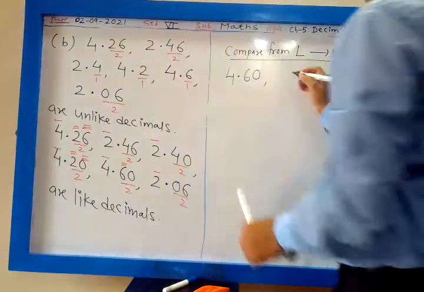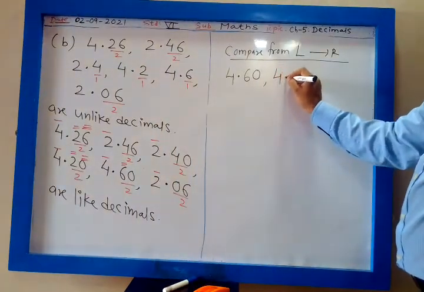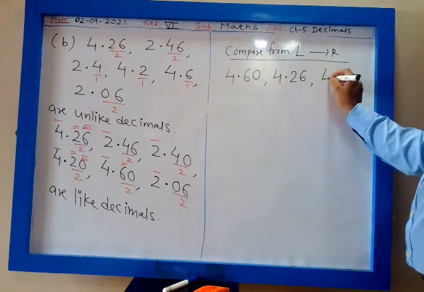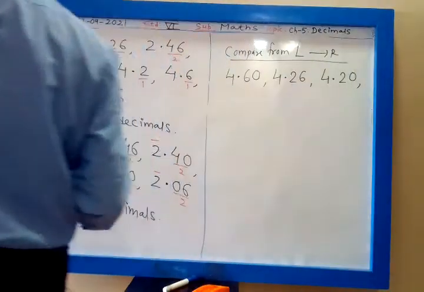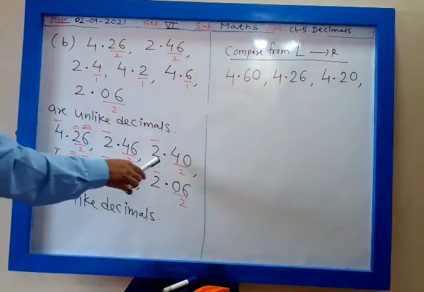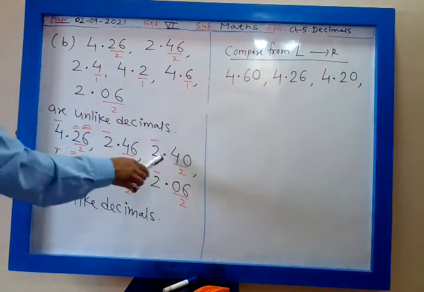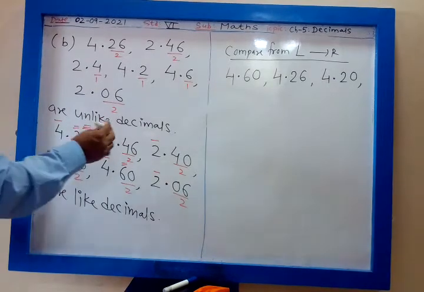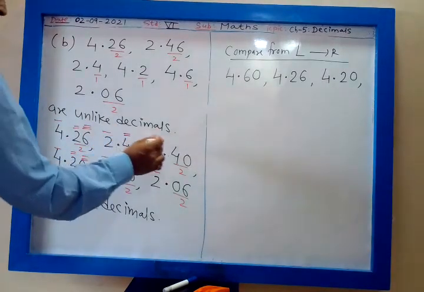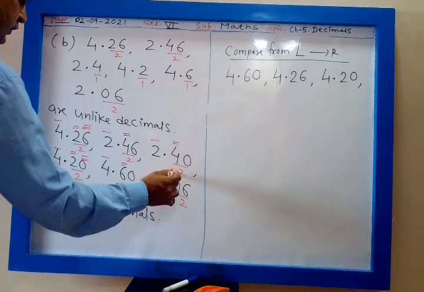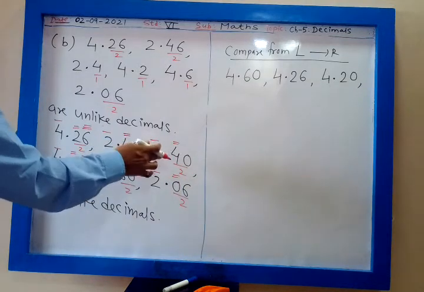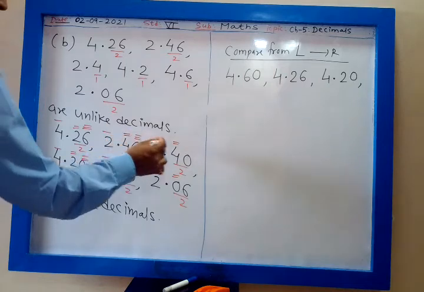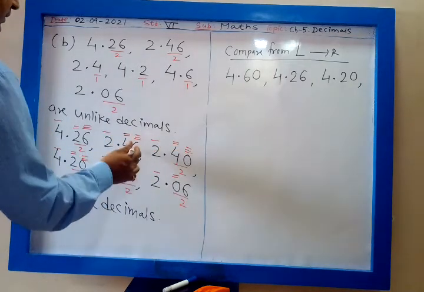4.26. Mute the microphone, my dear. 4.26, then 4.20. So 4 is over. Now which is left? 2, 2, 2, all equal. Let us compare the next digit: 4, 4, 0. Which is maximum? 4. Now compare the next digit: 6 and 0. Which is maximum? 6.